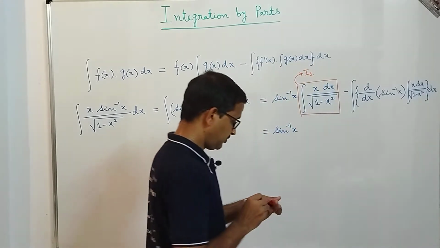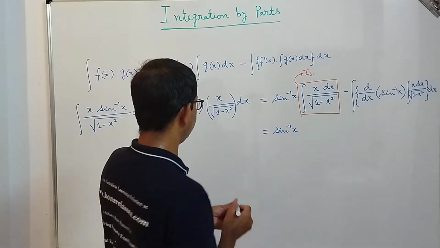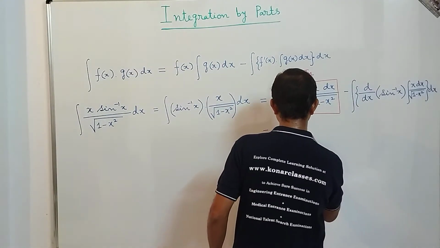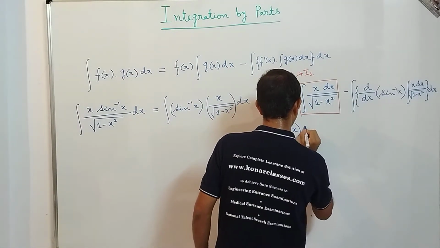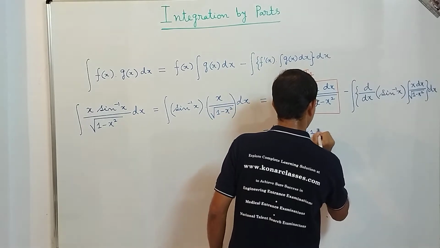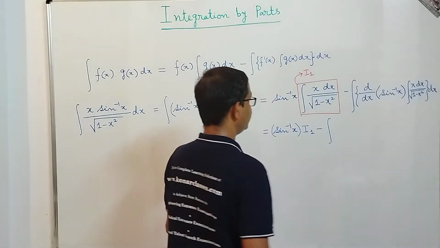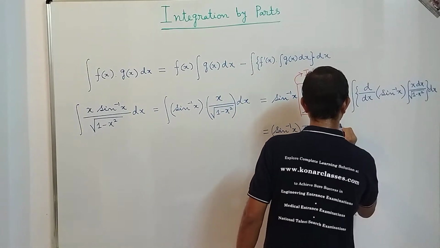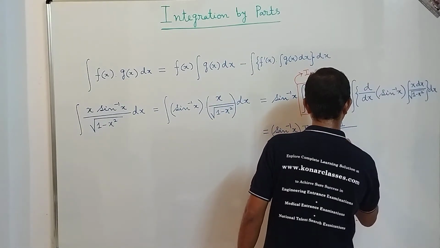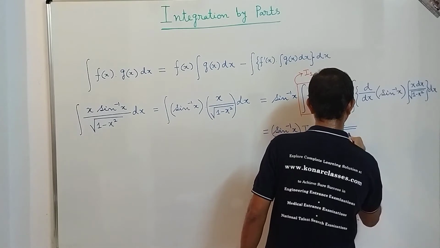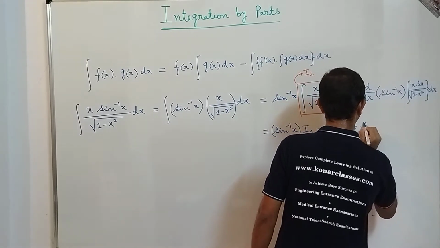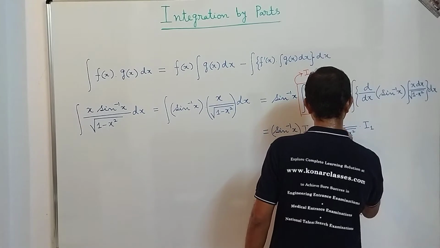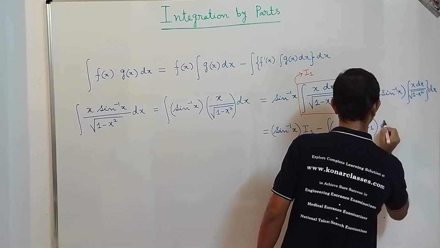Then what we are going to get, dear students, is sin inverse x into I1 minus integration, that is d dx of sin inverse x. d dx of sin inverse x is what? 1 by square root of 1 minus x square into I1, and this complete dx.